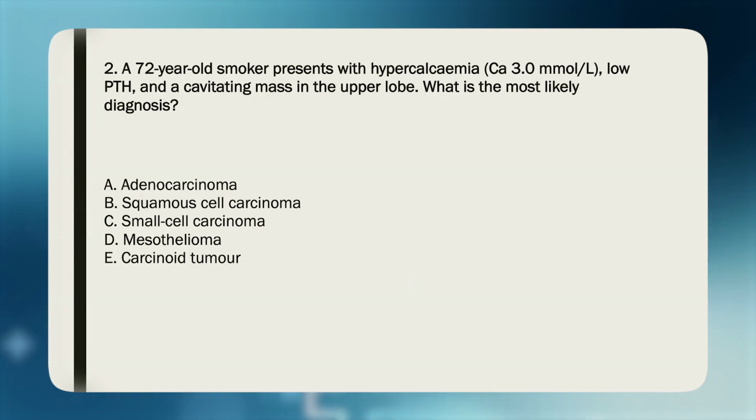A 72-year-old smoker presents with hypercalcemia, low PTH, and cavitating mass in the upper lobe. What is the most likely diagnosis?